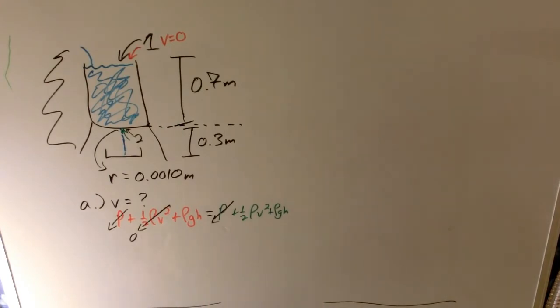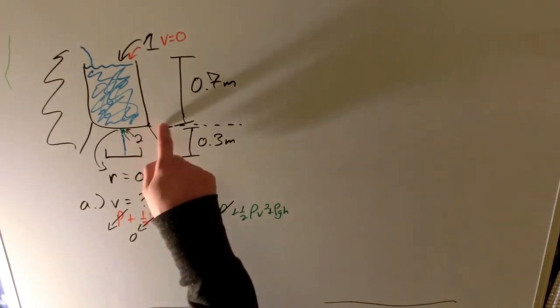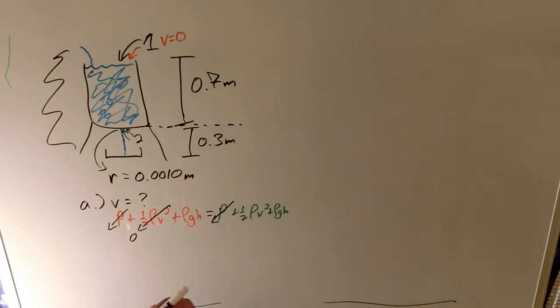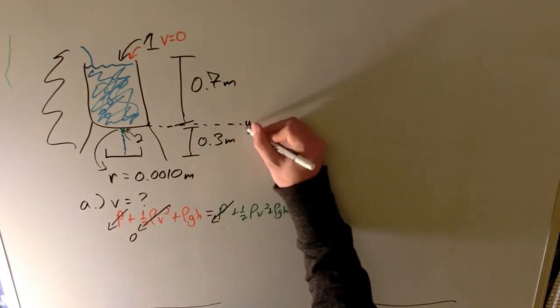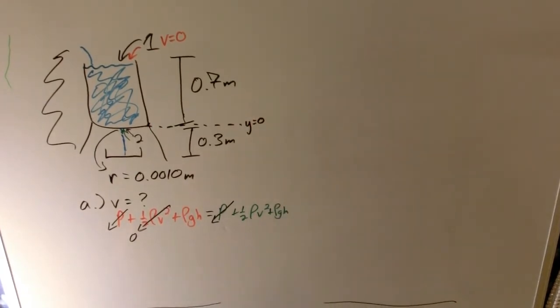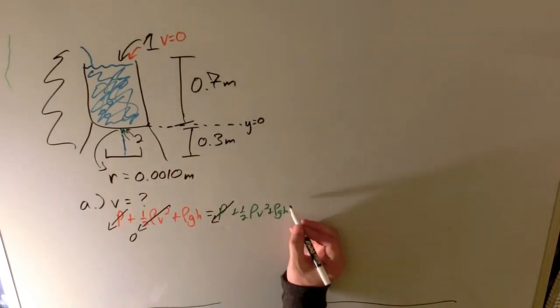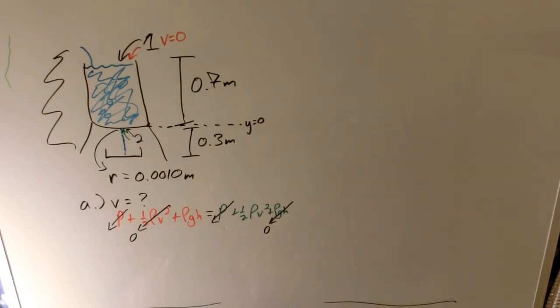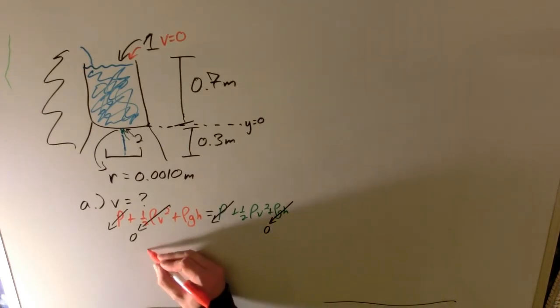And by the same token, because I'm going to set my height equal to 0, at least for now, right here, y equals 0, that means that down here, at point 2, our height's going to be 0, and that goes away. You'll see that this looks a lot like the energy balances that we did before when we studied conservation of energy.